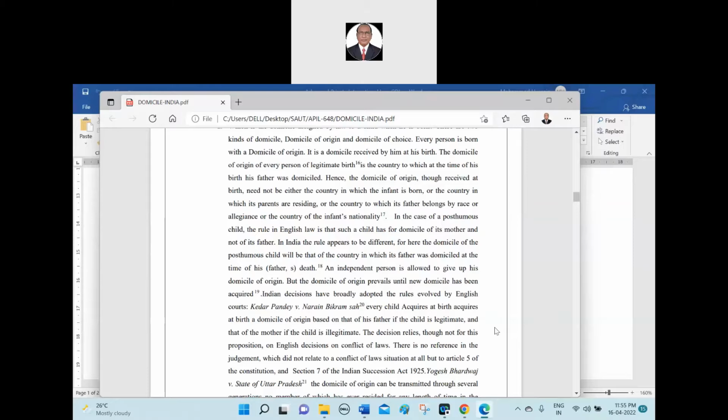Unless the acquired domicile comes into the picture, the original domicile is not eclipsed; if not acquired, the original domicile will revive. Indian decisions have broadly adopted this, so we need not go through the Indian cases here.